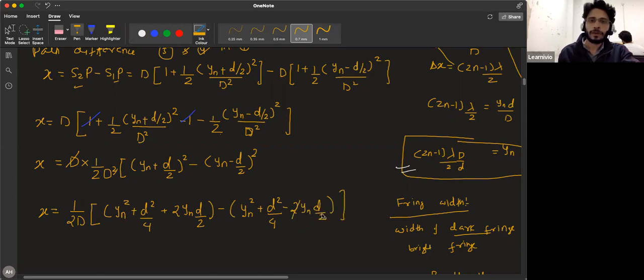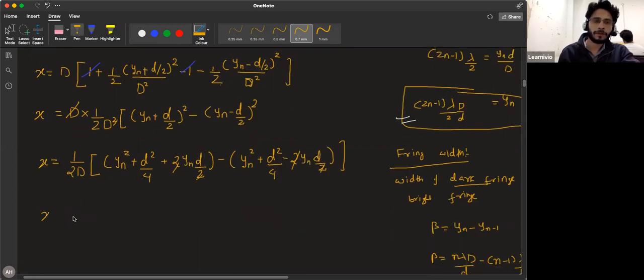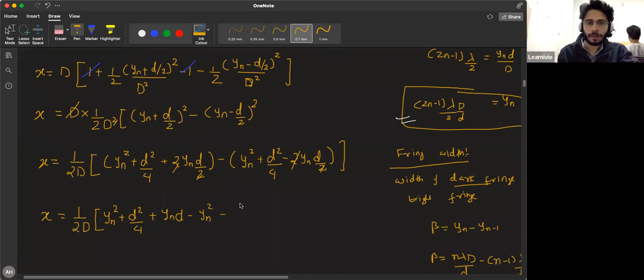Now see, this 2 will cancel this 2. Similarly, this 2 will cancel this 2. And you can write that your path difference is 1 by 2d. See this negative sign, so the terms in the bracket, the sign will get changed. So this is yn square plus d square by 4 plus yn into small d, minus yn square minus d square by 4 plus yn into small d.